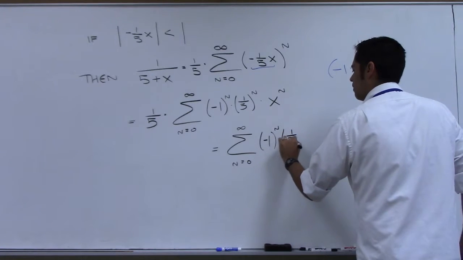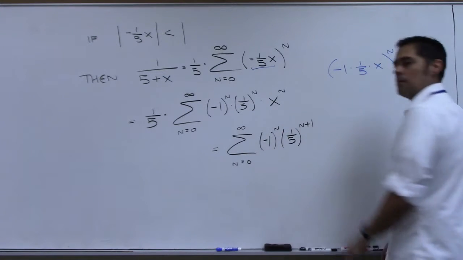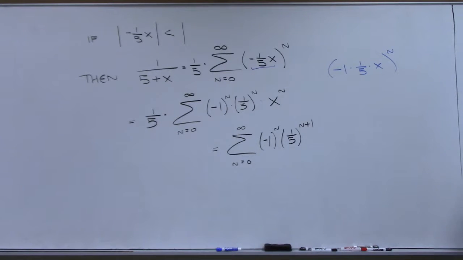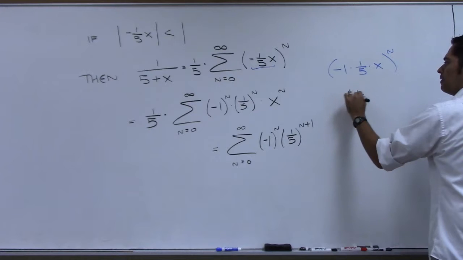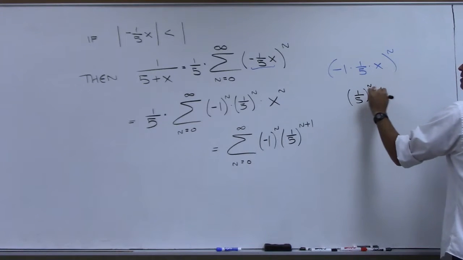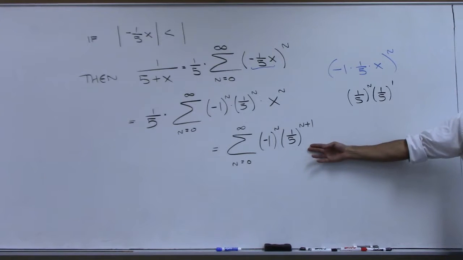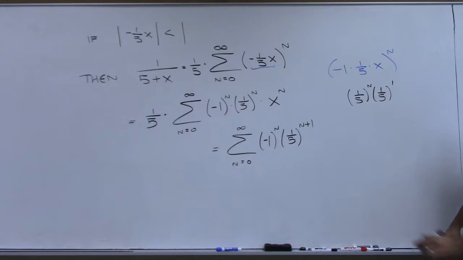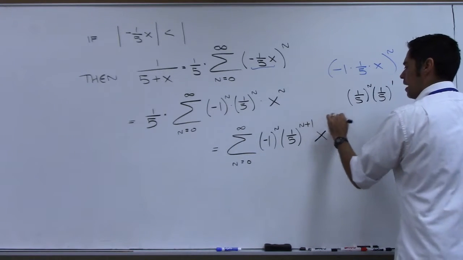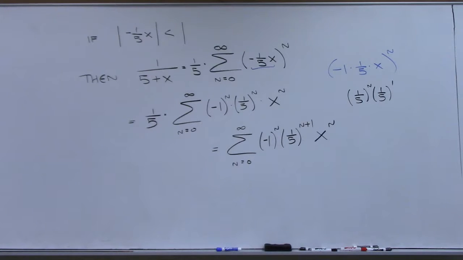It's 1/5 to the n plus 1, isn't it? Now these are things, if you've been doing your homework, hopefully you've picked up on. 1/5 to the n times 1/5 to the first power. You add the two exponents, you get this, right? And then I still have out here what? X to the n. Right there.